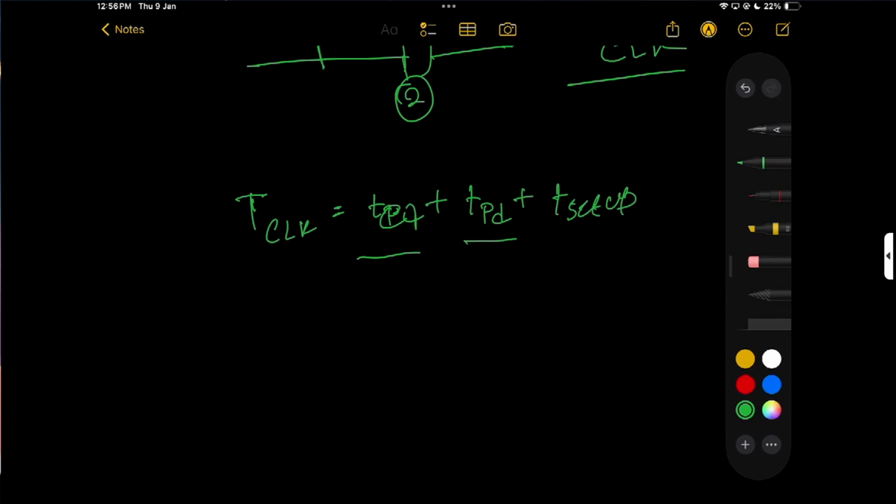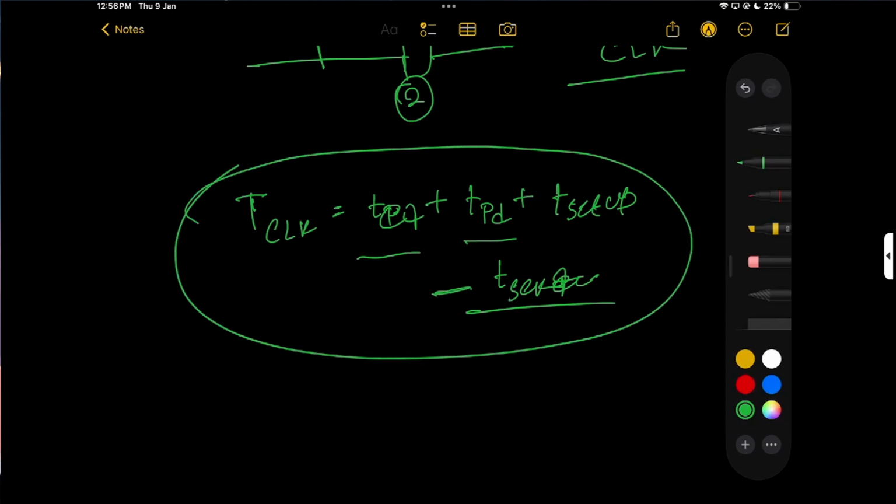And previously we took the T skew as negative. So the same equation can be used here, but the T skew here is negative. So minus and this minus T skew makes it positive.